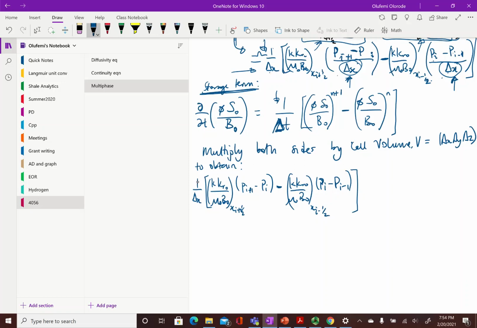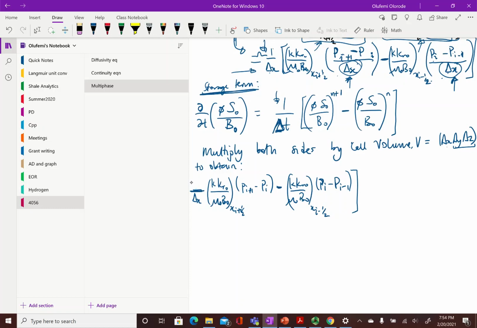So you are left with delta x got cancelled, right? This delta x got cancelled, so you're left with delta y, delta z, which is area. Right, so this is area.